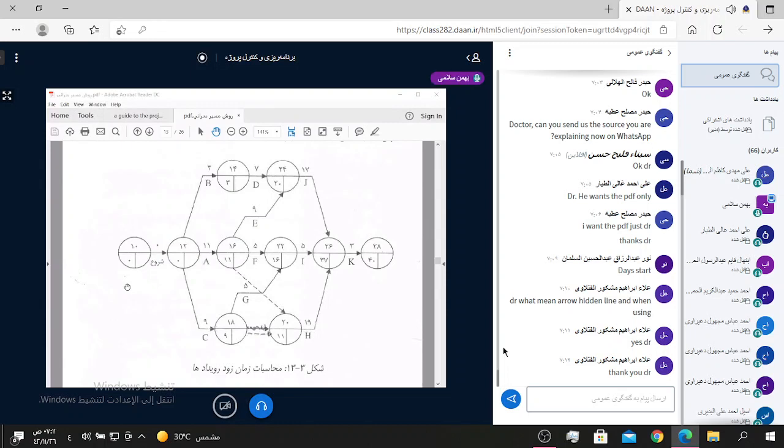For step 1, we want to find the ES for every node. We start for finding the ES with node 10.